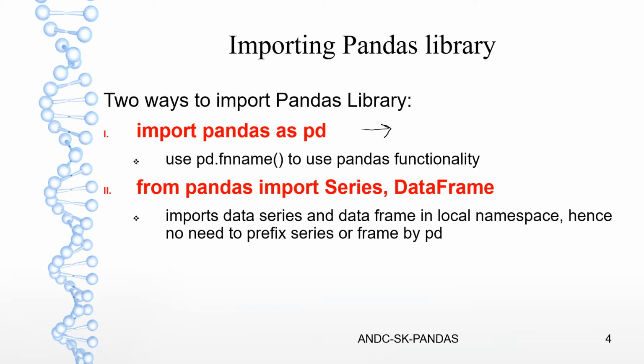You will have to prefix your object or function with pd. The second way is by importing the Series and DataFrame objects and their functionality into the local namespace of your program. In that case, every time you want to work with these objects, you need not prefix Series or DataFrame with the name of the library, that is pd.